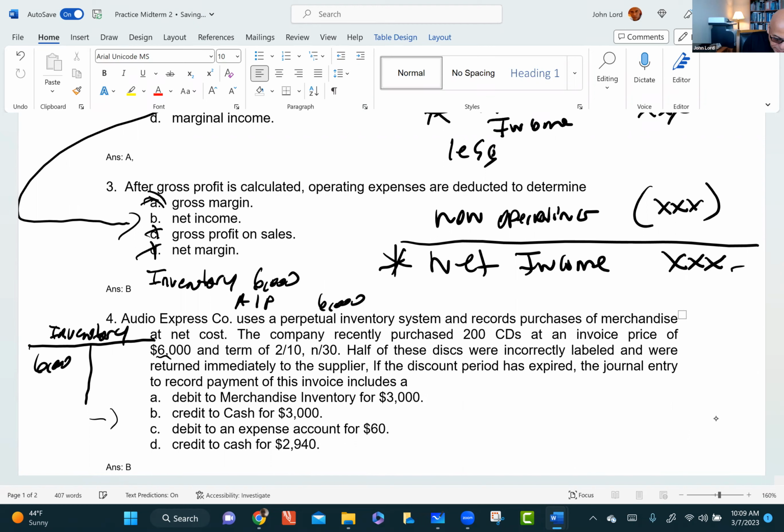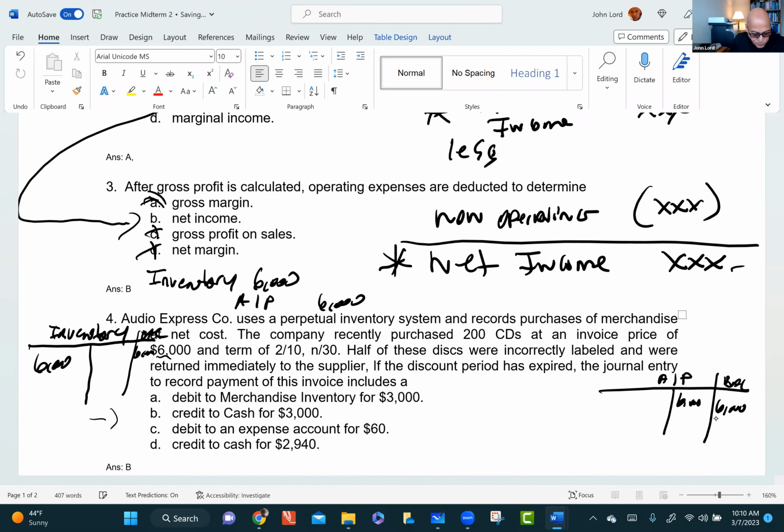I'm going to tee up my inventory right here. $6,000. Yes, it now has a balance of 6,000. And I'm going to tee up my accounts payable over here. $6,000, so it has a balance of 6,000. Okay, good.